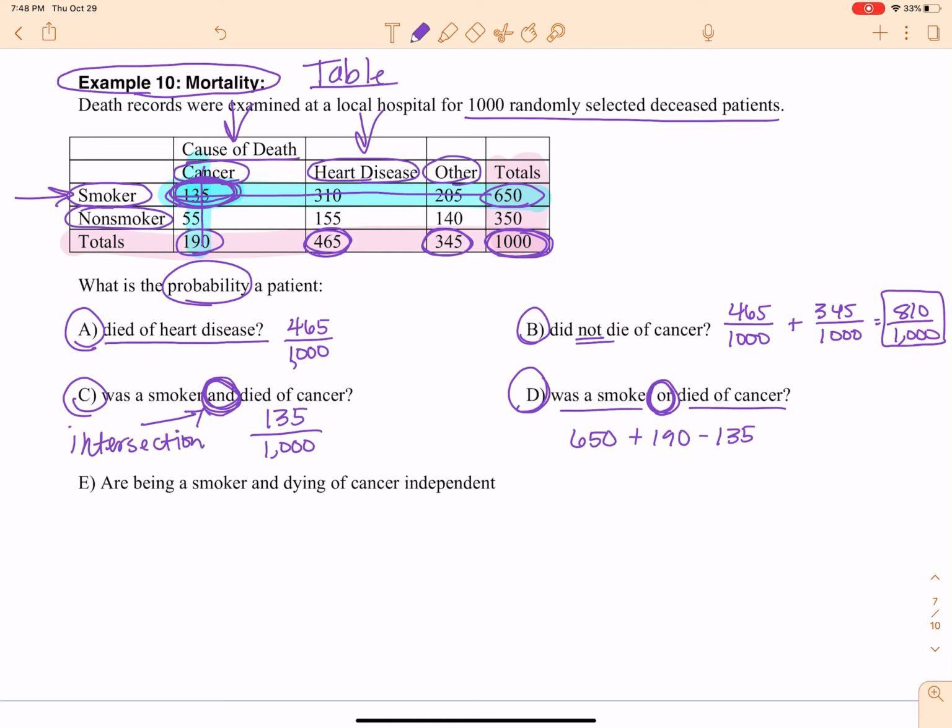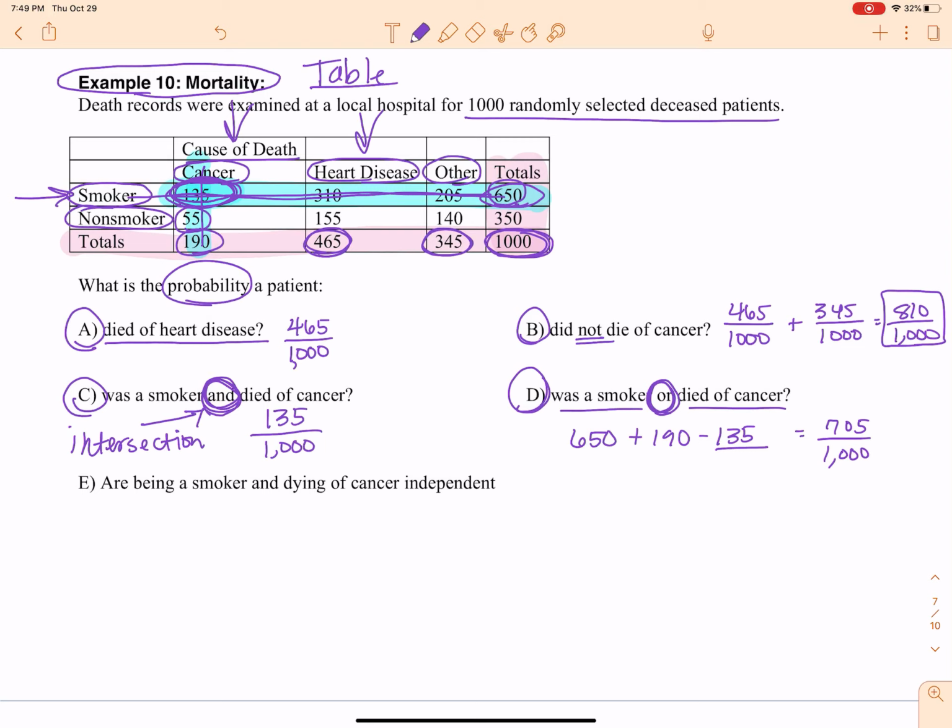So I don't want to do that. So I've got to subtract one of the 135s out of here. And this gives me 705 over 1,000. Now, you can also think of it this way if it makes you more comfortable. You can count this whole row of 650 and then just add the 55 to it. Okay, and then you don't have to subtract 135. You still get the same thing.